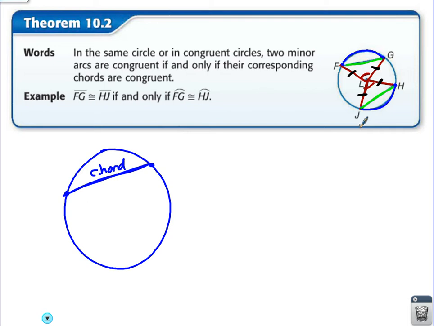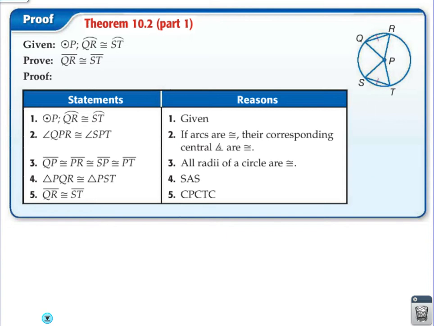I believe they are by side angle side. Correct? So would that not make the green parts the same as well by CPCTC? Sure. That would be the proof of this theorem. So in essence, if you've got two central angles that are the same, then you will have two arcs that are the same, and you will have two chords that are the same. And that is interchangeable. You can go in any direction. And there's the proof of that.